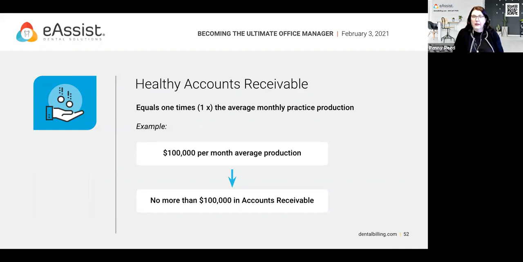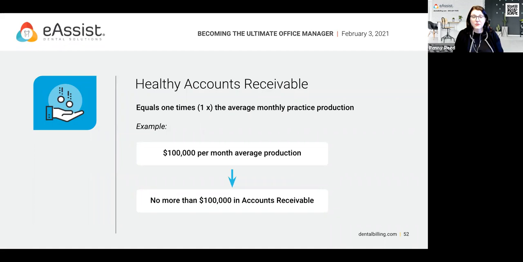What should our accounts receivable be? It should be no more than 1, or even 1.1. You could type 1.1 in your calculator. This makes the math easy. Your accounts receivable should be no more than $100,000. So if your average monthly net production is $150,000, your total accounts receivable should be no more than $150,000. There's a reason that you don't want it to be zero, right?